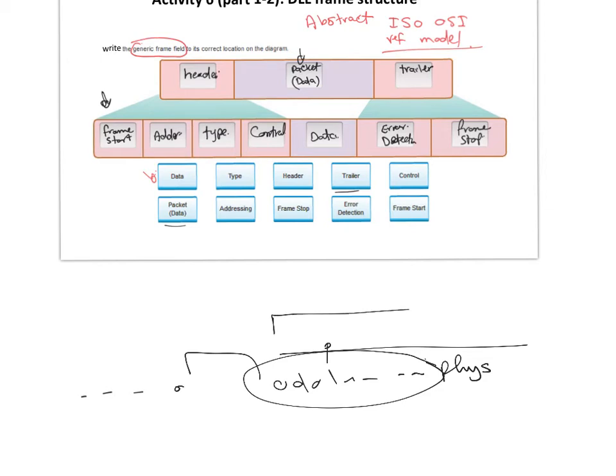So in the data link layer, we have header, data, and trailer. The way we do it is to allocate a certain bit pattern, like 0, 1, 1, 1, 1, 1, 0, to indicate that this is the start of a new frame. That's what we refer to as frame start.